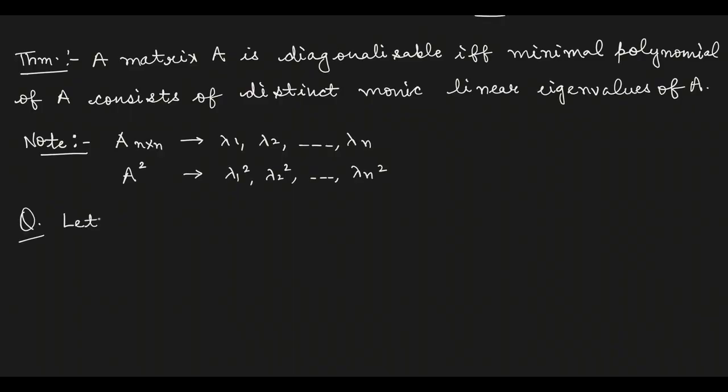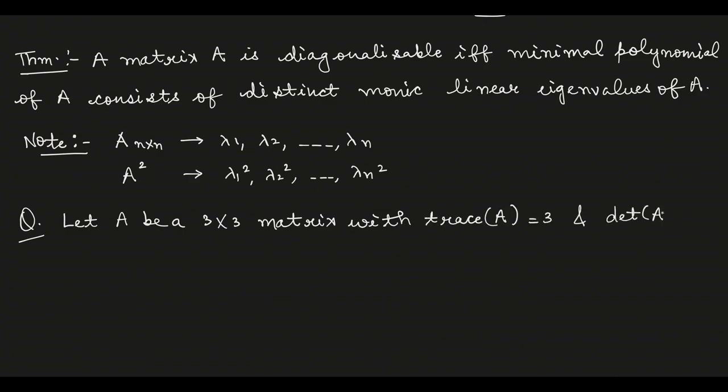For example, let A be a 3 cross 3 matrix with trace as 3 and determinant as 2.